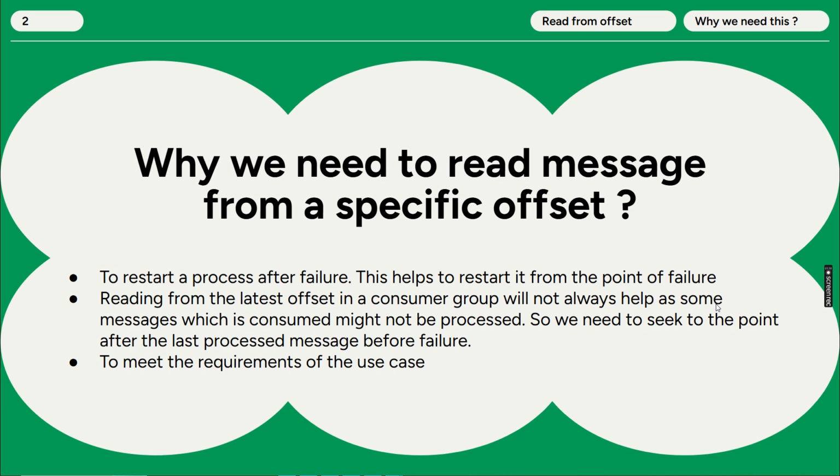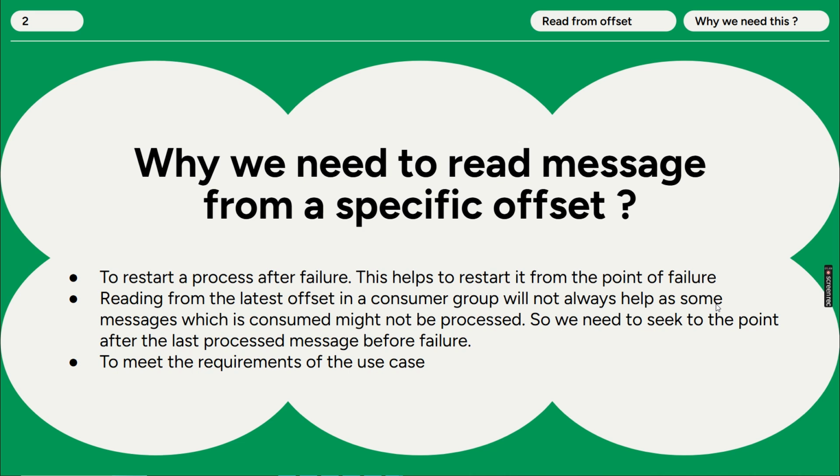Otherwise, if the messages are very critical, we'll end up losing them. Because we will not consider the point of failure, and if a lot of messages are coming into the queue, the messages between the point of failure and the point of restart will be lost. So to avoid these problems, we need to keep track of the messages that are getting processed from a Kafka topic. That's why reading a message from a specific offset is required.